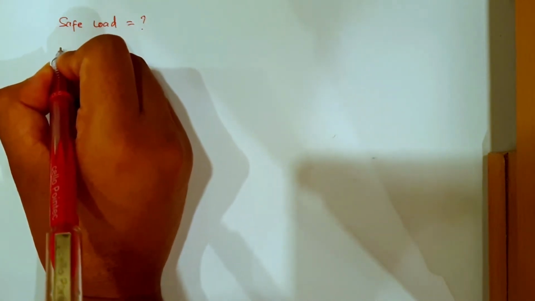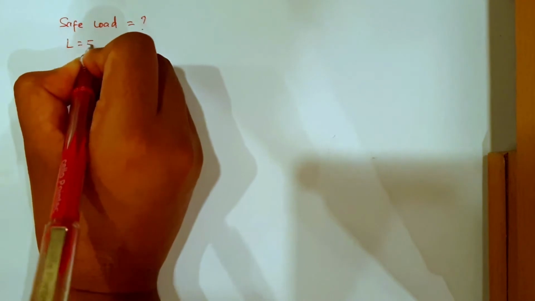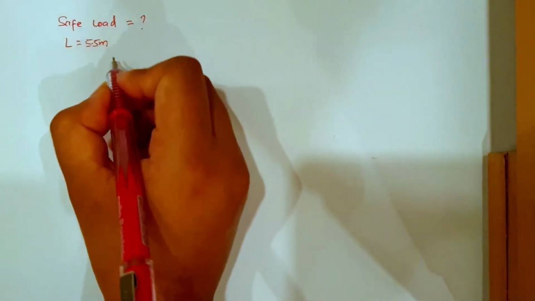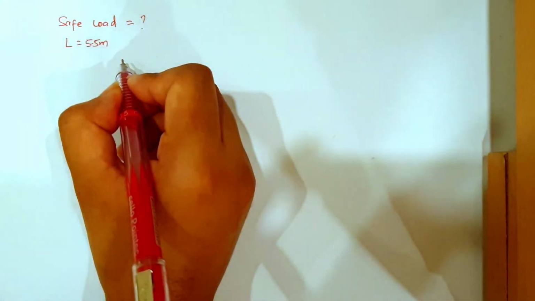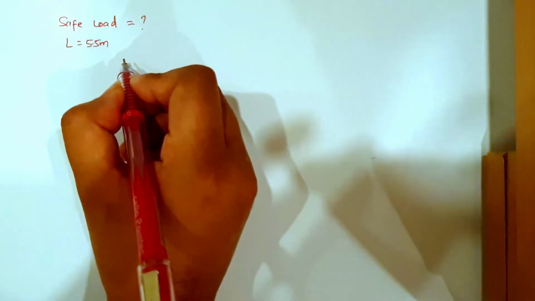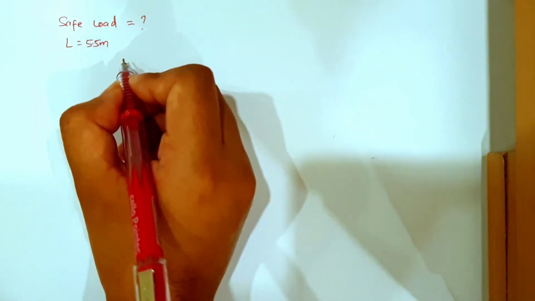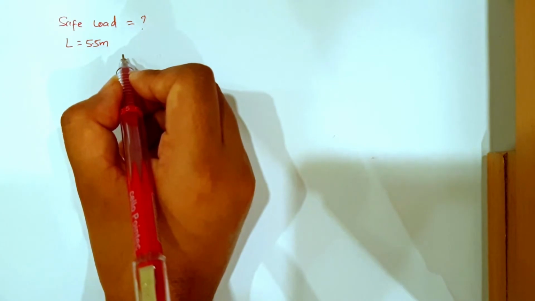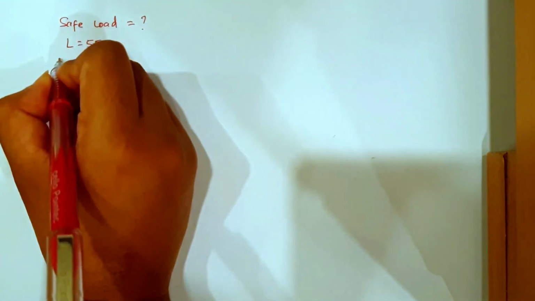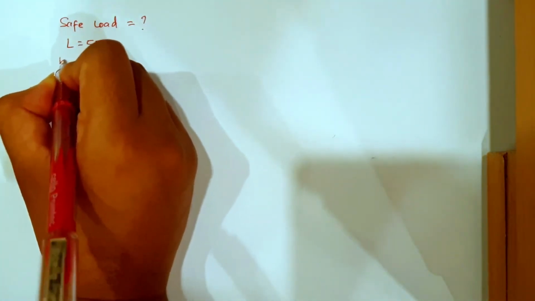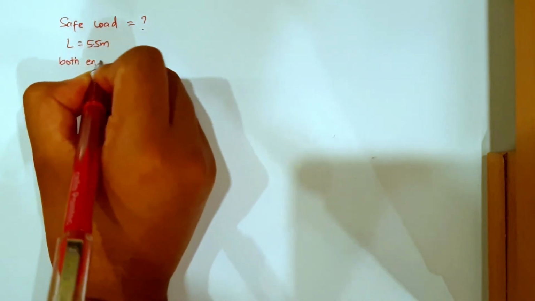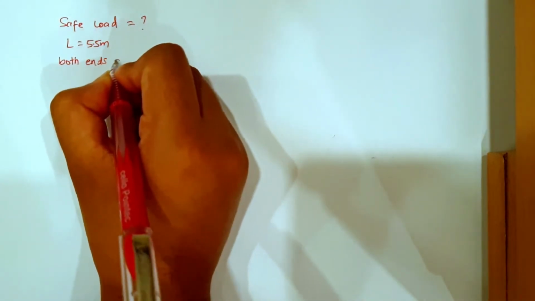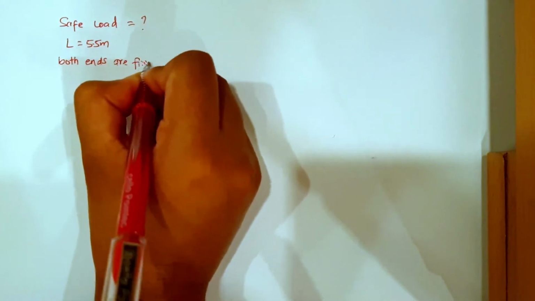So the length of the column is given, L is given equal to 5.5 meter long, and it says both ends are fixed. So the condition is both ends are fixed.